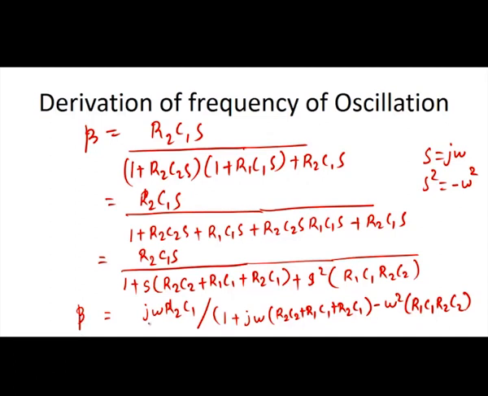See there, the numerator also has a j term. So now we want to make this beta real. To make beta real, you have to consider this j omega term. So you keep the j omega term in the denominator also.